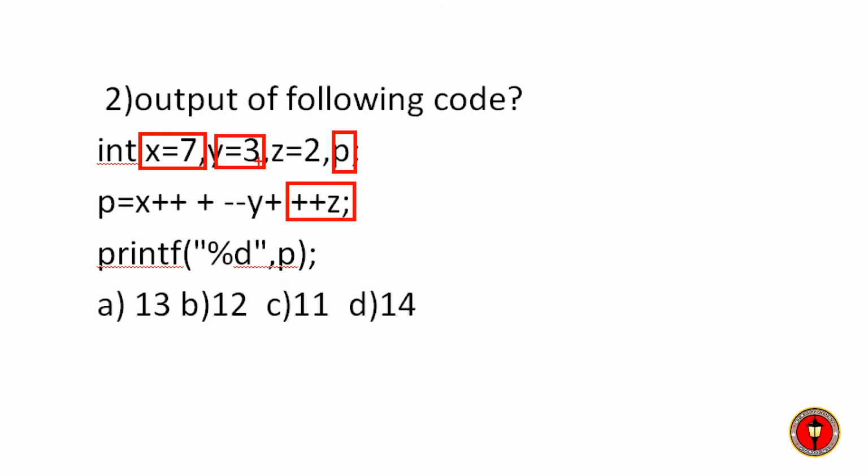First, plus plus z is a pre-increment, so 2 is incremented to 3, and minus y will be 2. For x, you just substitute the value 7. So now 7 plus 2 is 9, 9 plus 3 is 12.